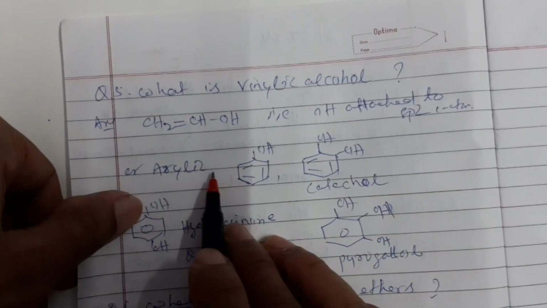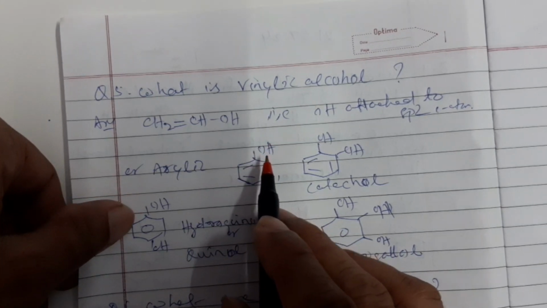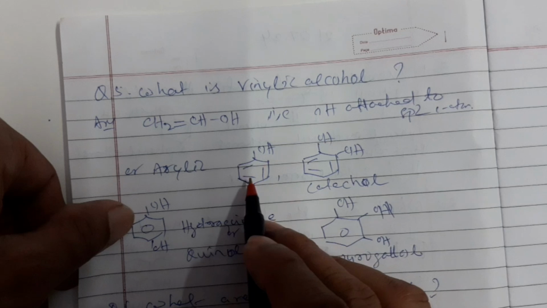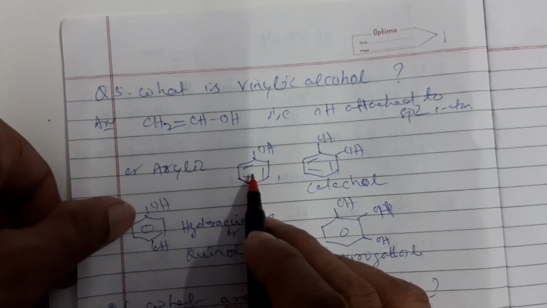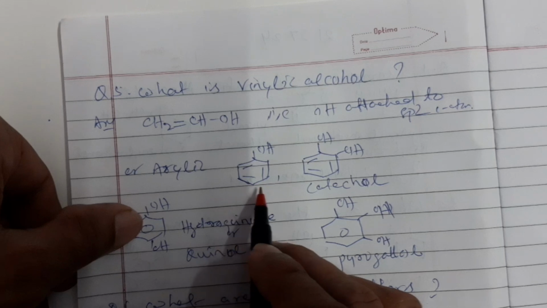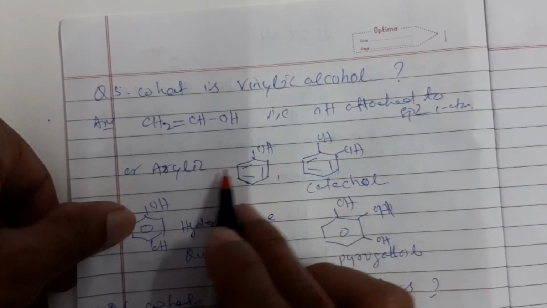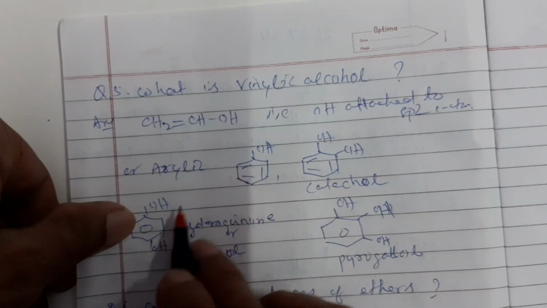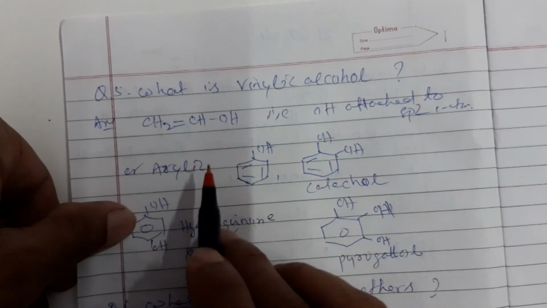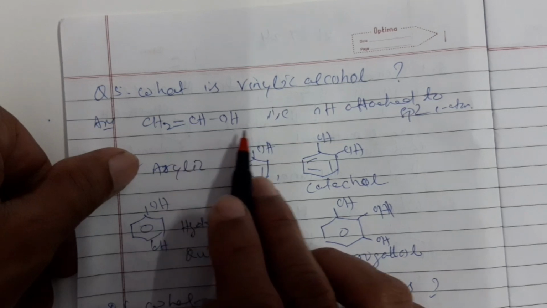Arylic means the OH is attached directly to the aromatic ring. This is known as arylic. This is vinylic, this is arylic. So catechol and all these three are arylic alcohols. From aromatic it is arylic, from vinyl it is vinylic.